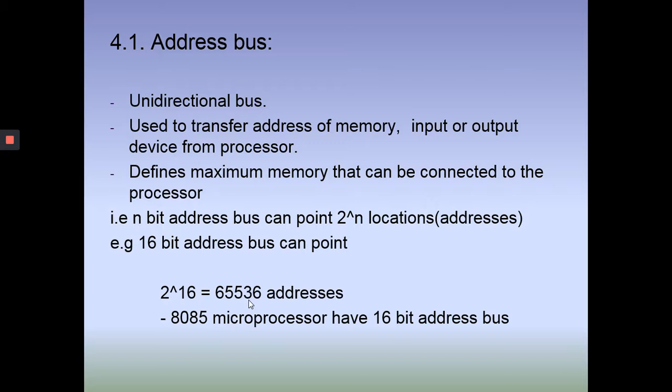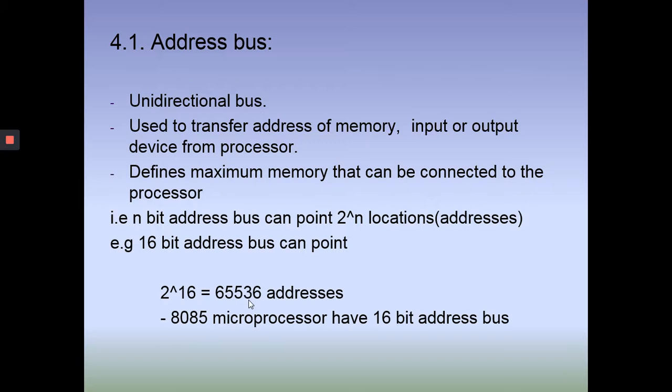This means if the microprocessor has a 16-bit address bus, we cannot put in a memory whose addresses are divided into more than 65,536. This is the maximum number of addresses which can be supported by this microprocessor. So every microprocessor defines a maximum capacity of memory that can be addressed by that particular microprocessor.